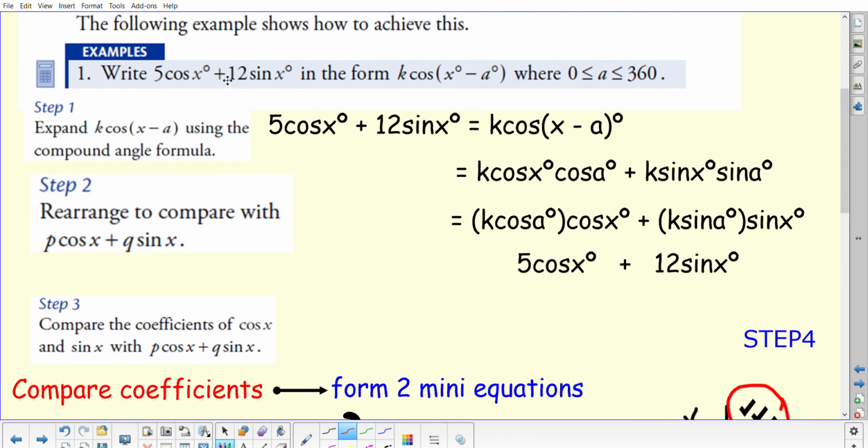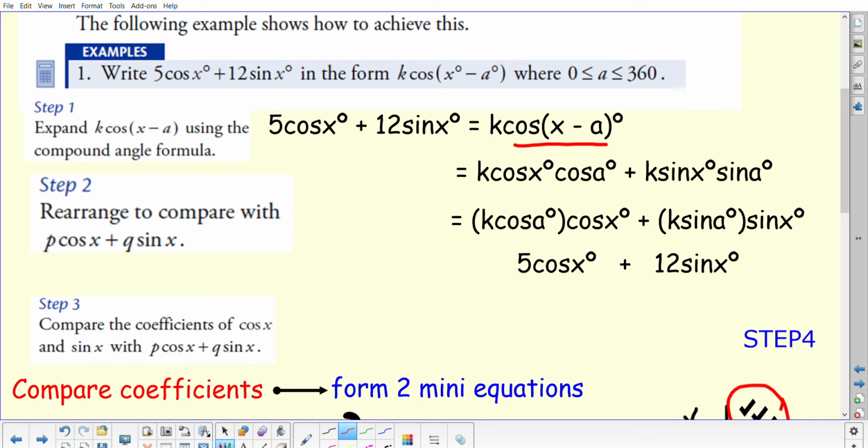So you should always write down the equation, and then you write down equals, and then whichever expression they've told you to write it in. So here it's k cos(x minus a). You are now going to use this, the k cos(x minus a), you know how to, that's your cos(a minus b), right?